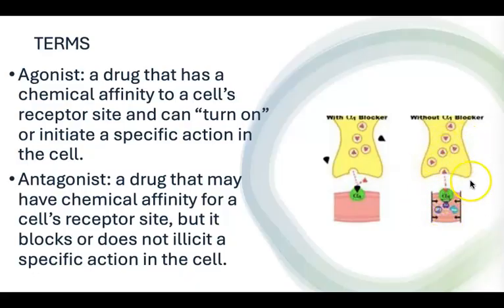This is a drug that's going to turn on the actions of this cell. Again, in contrast, we have these black blobs here that are preventing this drug molecule from connecting with the cell and actually activating the cell to produce whatever the action should be.